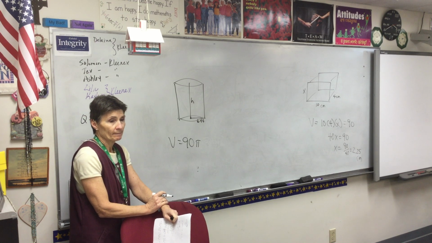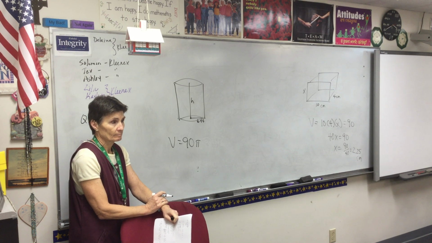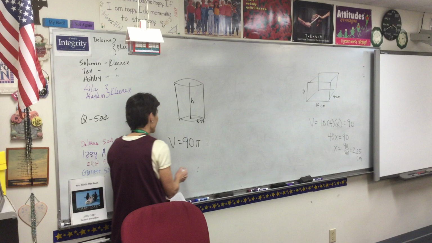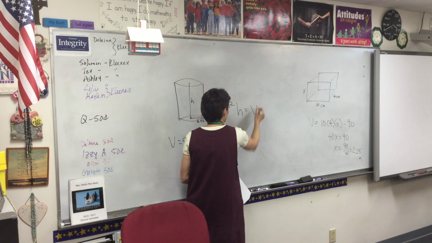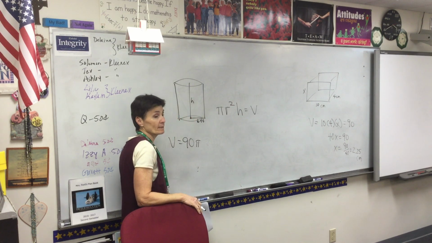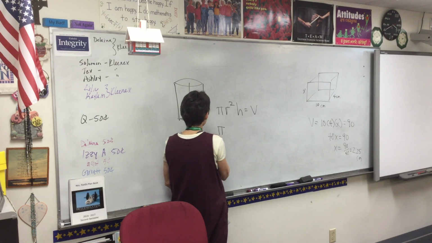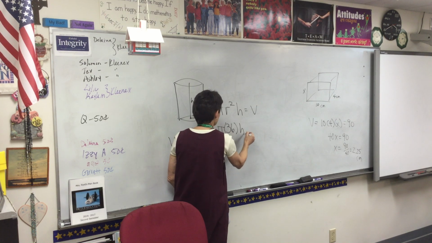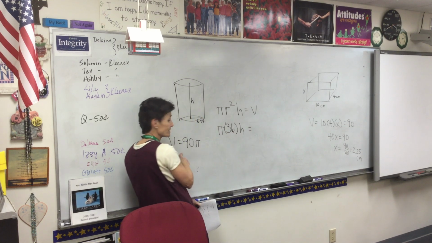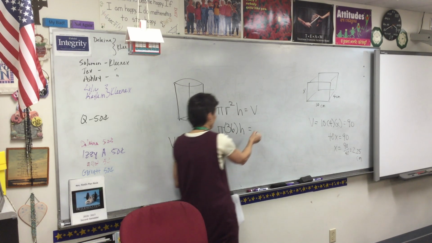So what are you thinking? 1/3 pi r h. It's a cylinder. Pi r squared h is our volume formula, right? For a cylinder. So pi times 36 times h, we don't know that, has to equal 90 pi.